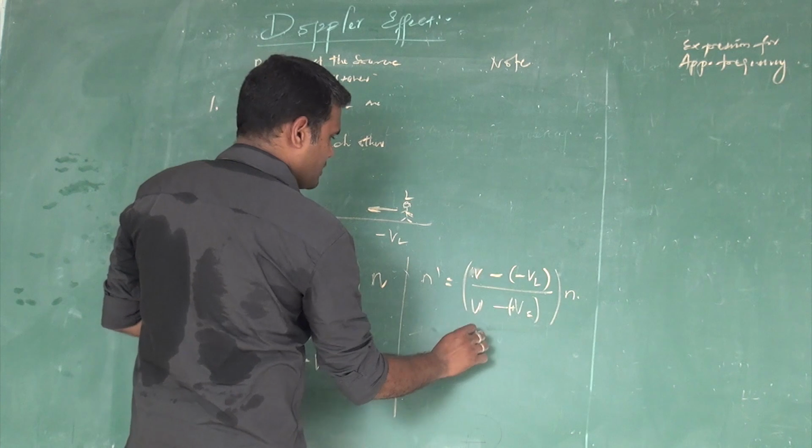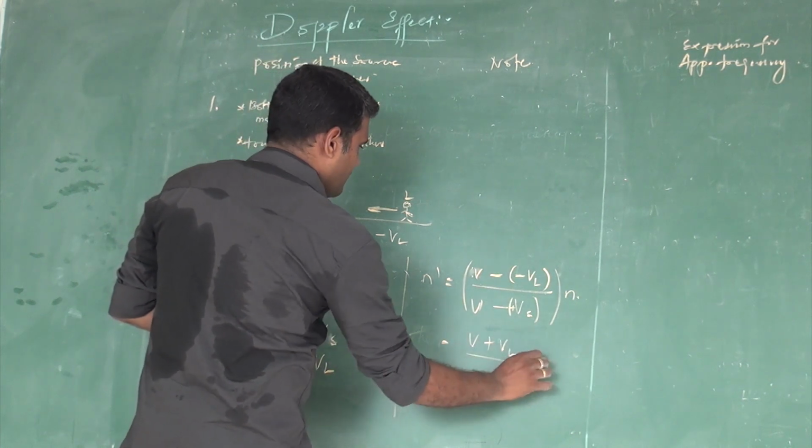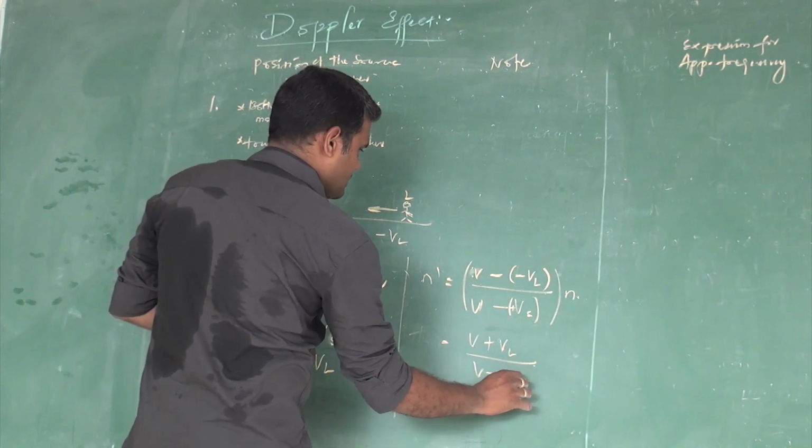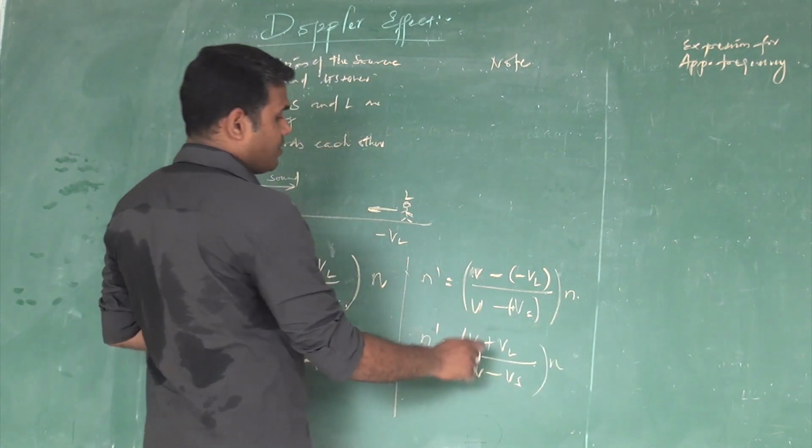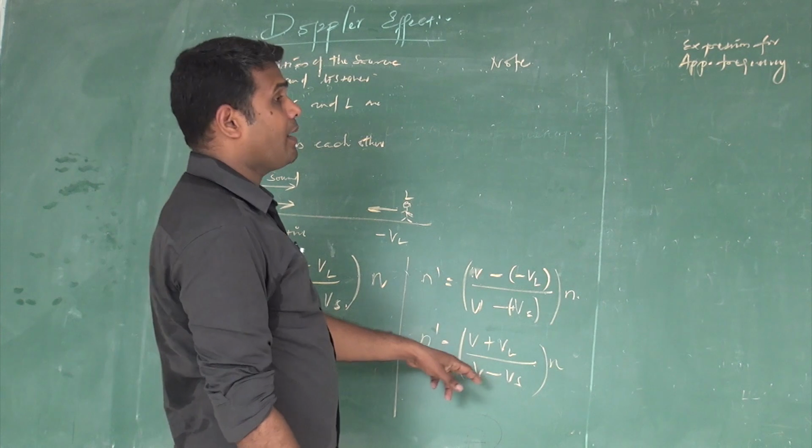So minus into minus is plus. So V plus VL divided by V minus Vs into n. This is n prime.